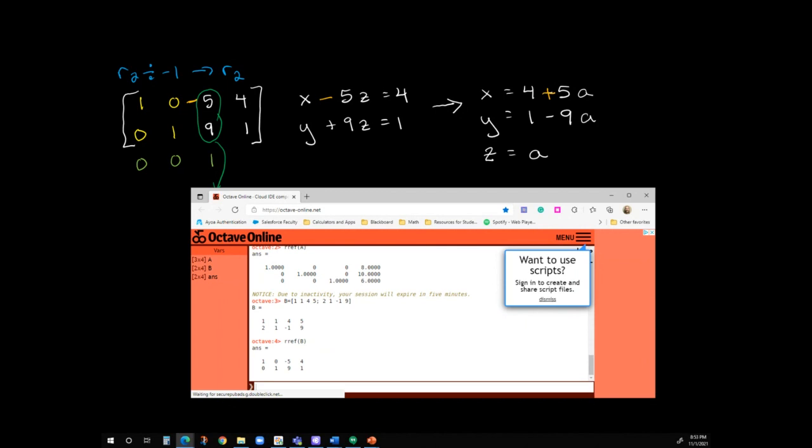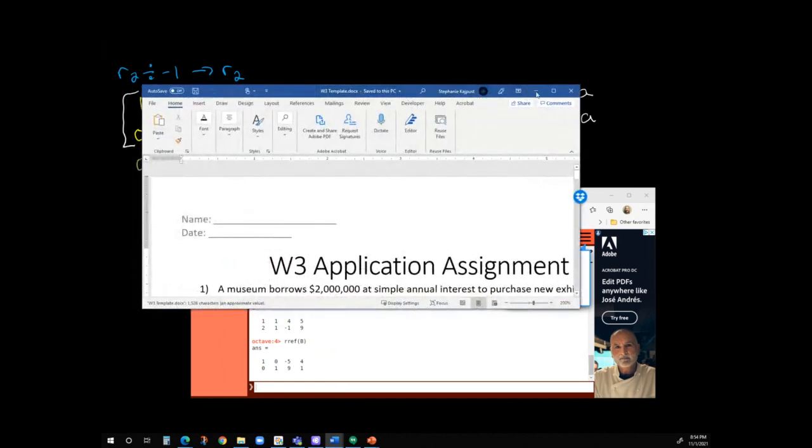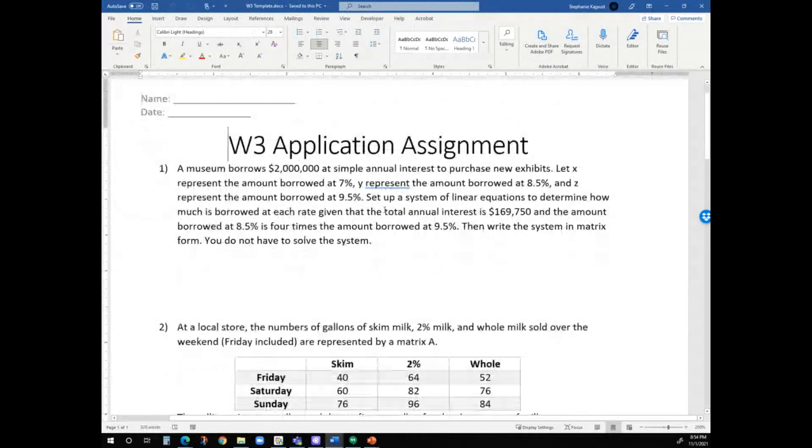So I just want to pull up the application assignment to go over some things to watch out for. Okay, number 1 says set up a system of linear equations.